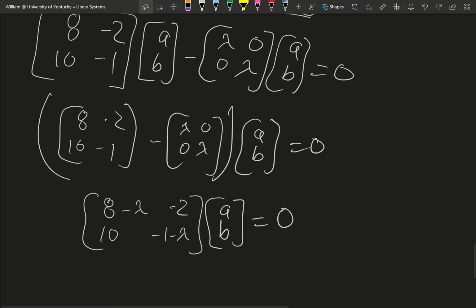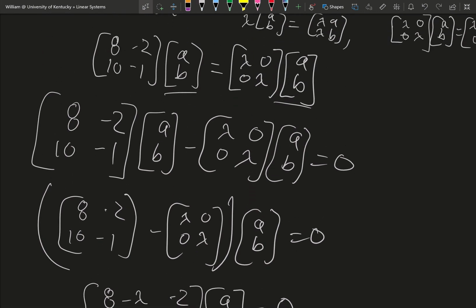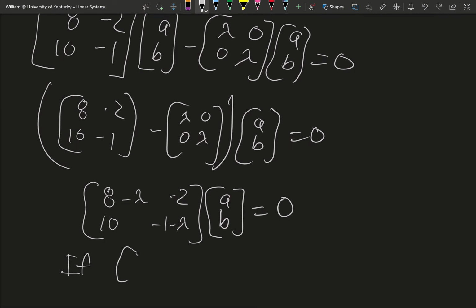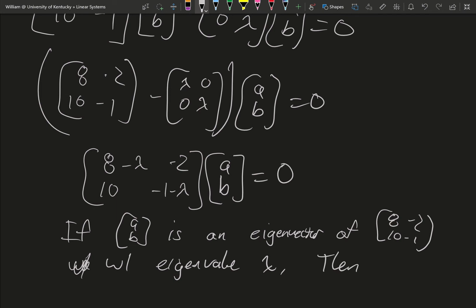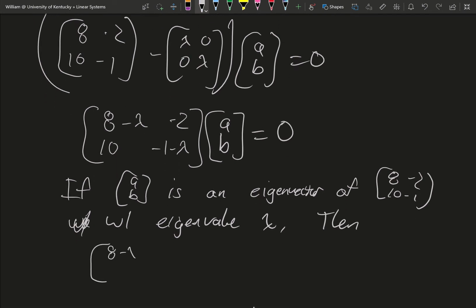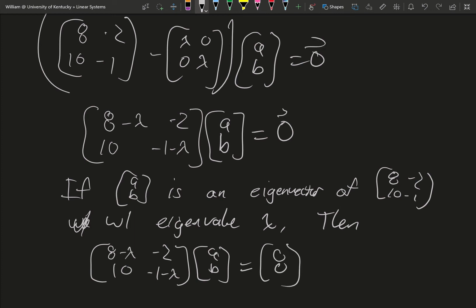So what we see is that if (A, B) is an eigenvector of our starting matrix, 8, negative 2, 10, negative 1, with eigenvalue lambda, then 8 minus lambda, negative 2, 10, negative 1 minus lambda times (A, B) is the 0 vector.